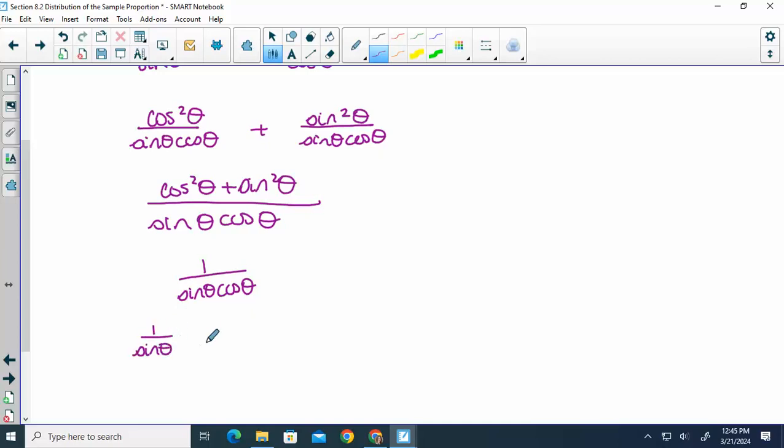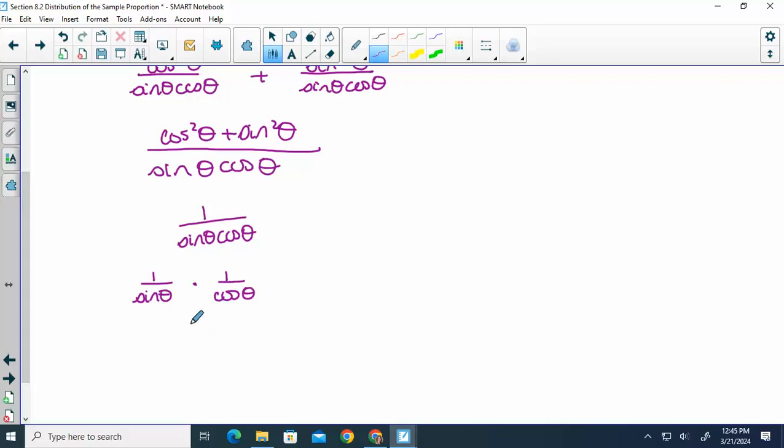Is it? That's kind of the same as having a fraction. Since this is all one term, would this be equivalent if I did 1 over each? Yeah. If you multiply them, 1 times 1 is still 1, the bottom becomes sine theta cosine theta. And then what is 1 over sine? And what is 1 over cosine?